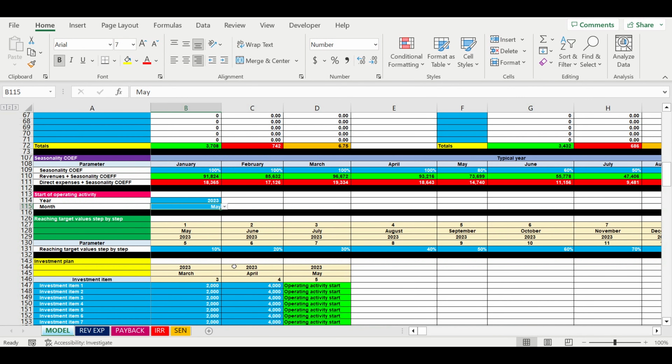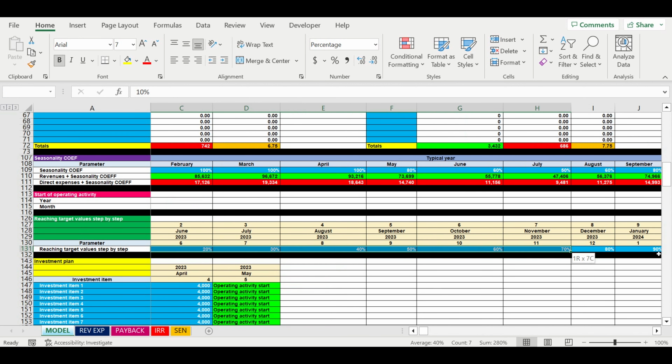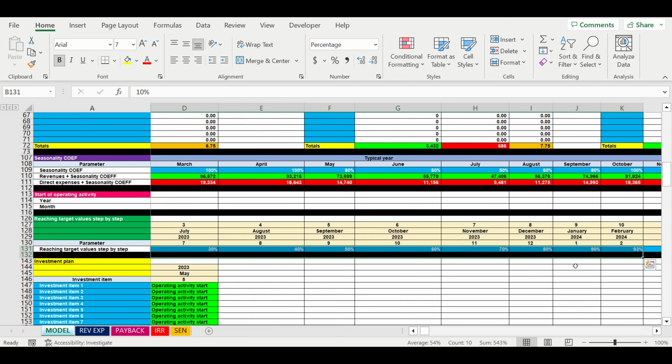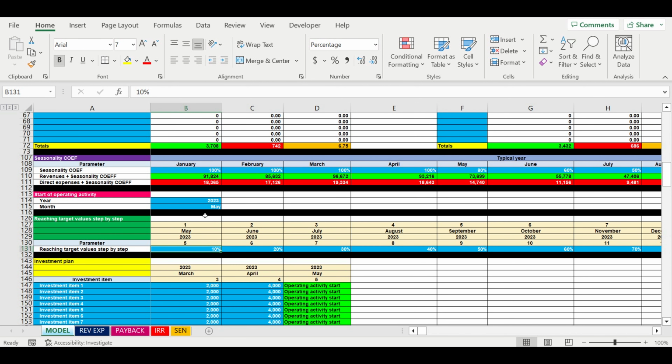Then the next important thing is that when we start in May 2023, we are assuming that we are not able to reach the target revenues right from the first month of operating activity.